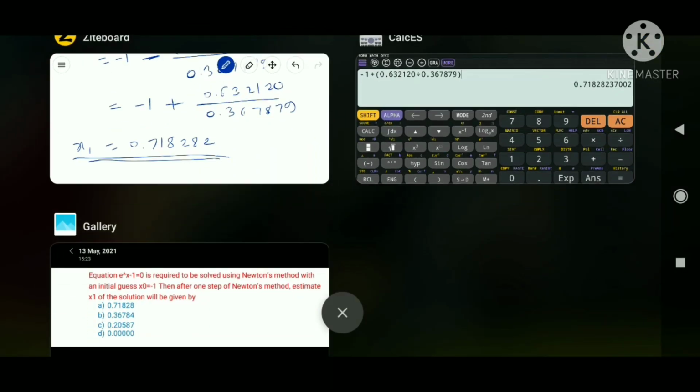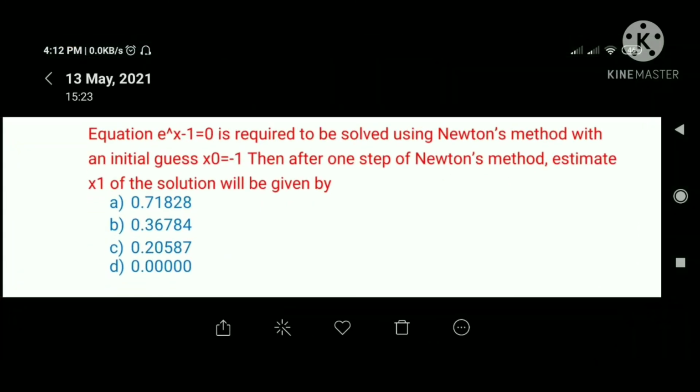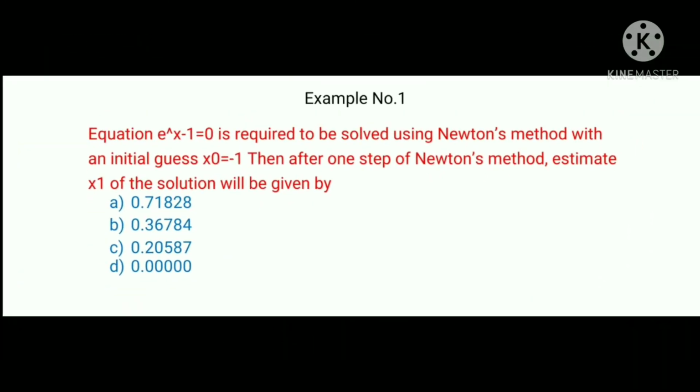And let us go back towards the example and see the options. Option number 1 contains the same solution, 0.71828. This is your required solution. But one note is that always read the question carefully for what you have been asked. Here for that particular example you have to estimate x1 after one step of Newton's method, which means we have to give the output of the first iteration, that is x1.